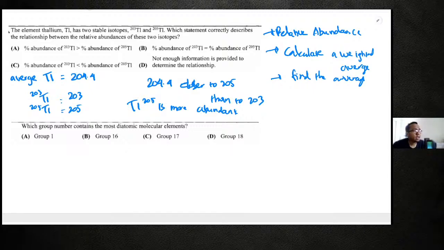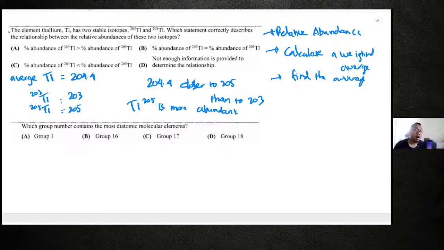Which one is closer? 205, right? So we can conclude that thallium 203 is less abundant, because it pulls the average toward its mass.